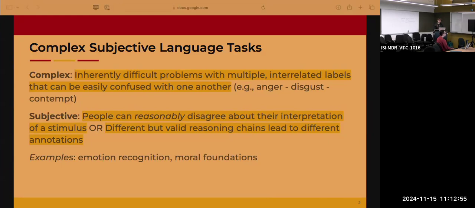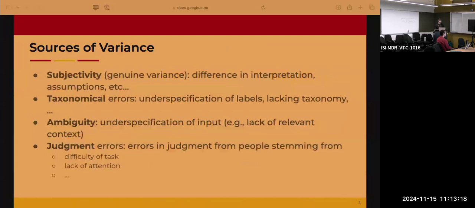These only differ in axioms, and thereafter they use the same reasoning, which is math, to arrive at different conclusions about space, yet we would consider both of them to be valid. And examples of complex subjective tasks here are emotion recognition and moral foundations. This is what we'll be dealing with in this presentation.